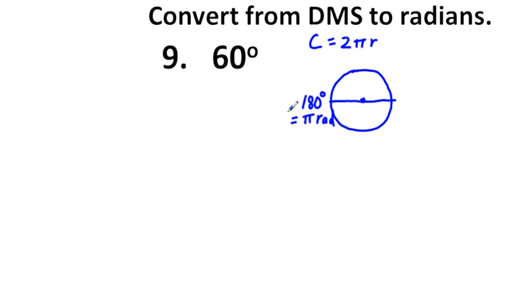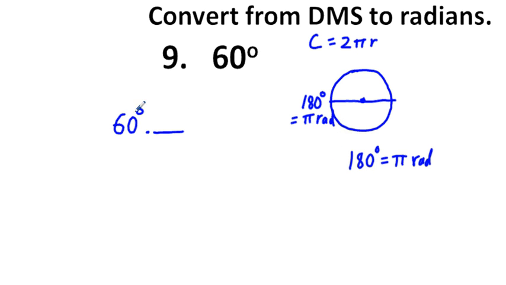And so this presents us with the identity we need. So our basic identity for this is 180 degrees equals pi radians. So we take our 60 degrees and we want to multiply this by this conversion factor from 180 degrees to pi radians.